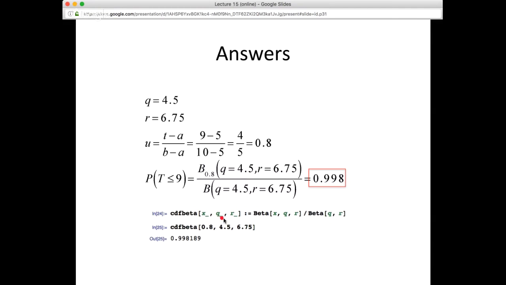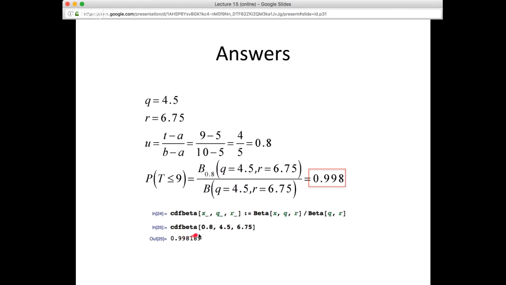That's why the underscore is there. That colon equal just means we're defining a function. And then we're calling the beta function, which is incomplete in this case because we have this x and then the q and r value, and then divide that just by the beta function, which is beta qr. So these beta functions are essentially functions that are embedded in Mathematica. So that's the definition of the CDF beta function.